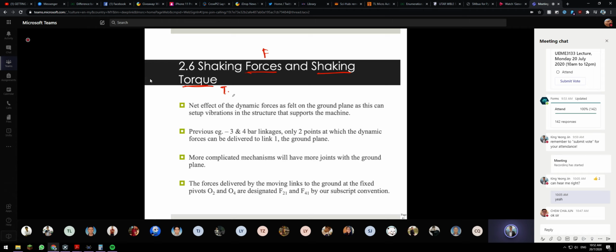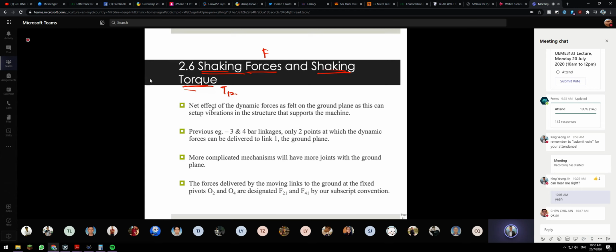And also shaking torque, normally we refer to the T12, right? So as I mentioned just now, when theta 2 is 60 degrees, we get a set of F12 and also the T12. But if I change to 61 degrees, your F12 will have a new value, and T12 will have another value. Okay? That's why this F12 and T12 keep changing at every angle. Okay? That's why it becomes a shaking force and a shaking torque to the system.